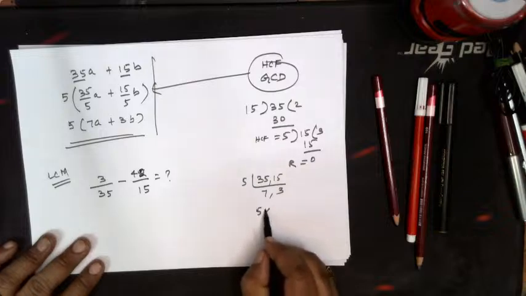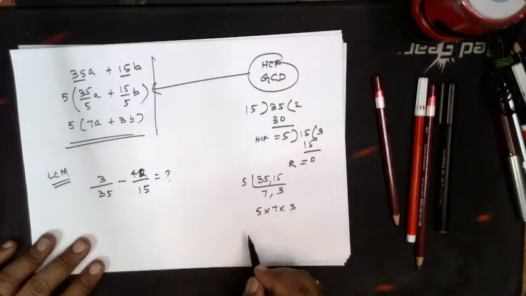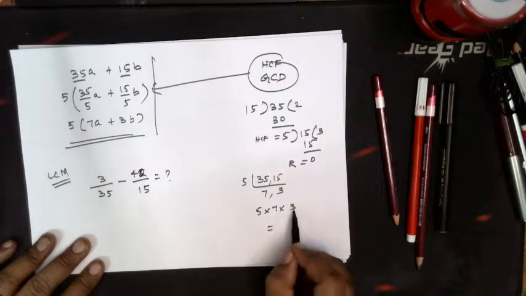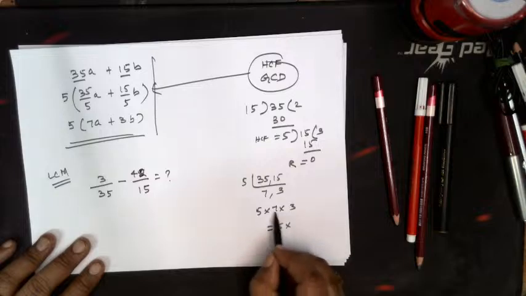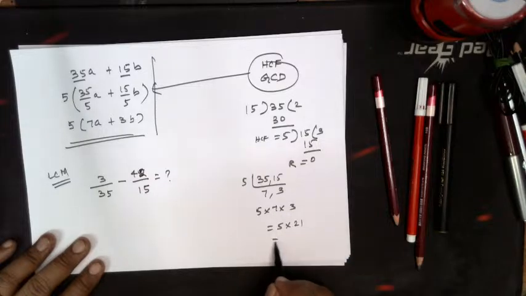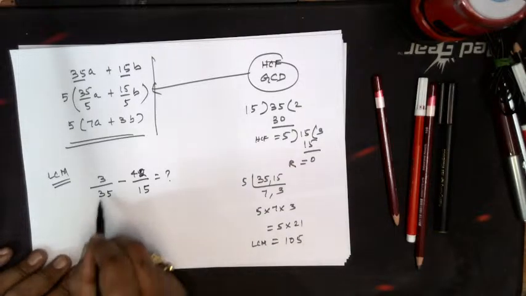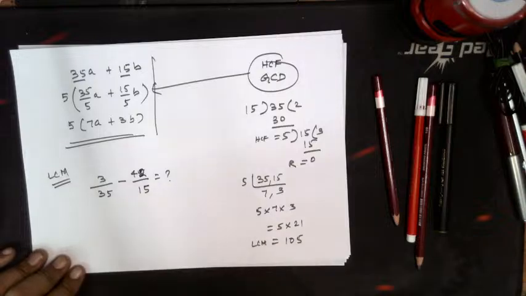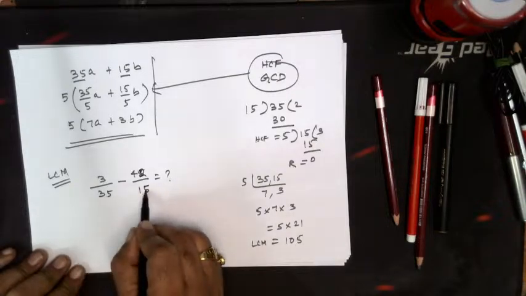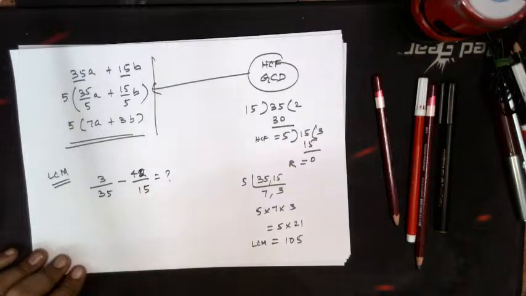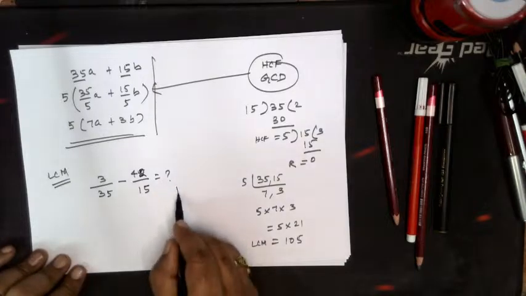So that is equal to 5 into 7, 3 is a 21. So 5 into 21, 105. So the LCM is 105. You have to take 105 as the LCM. Now you should be able to get 105 from these denominators. Okay, what you can do, now listen to me carefully.